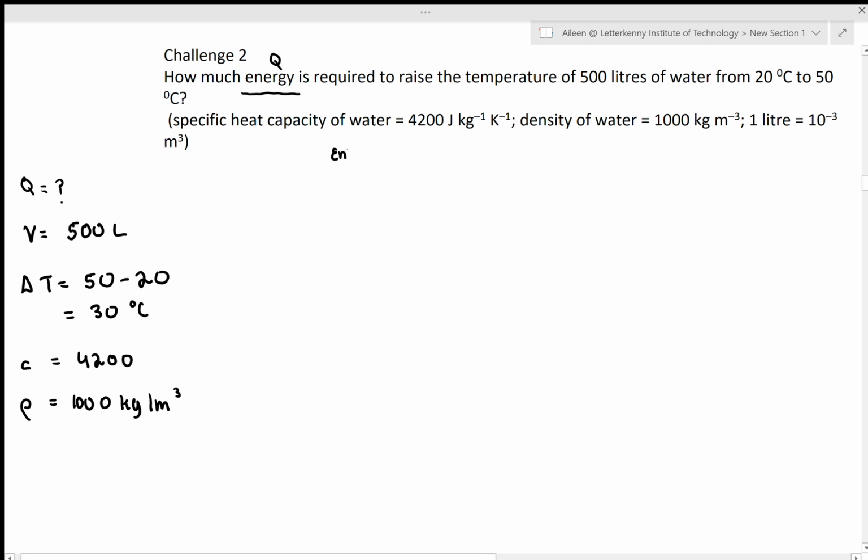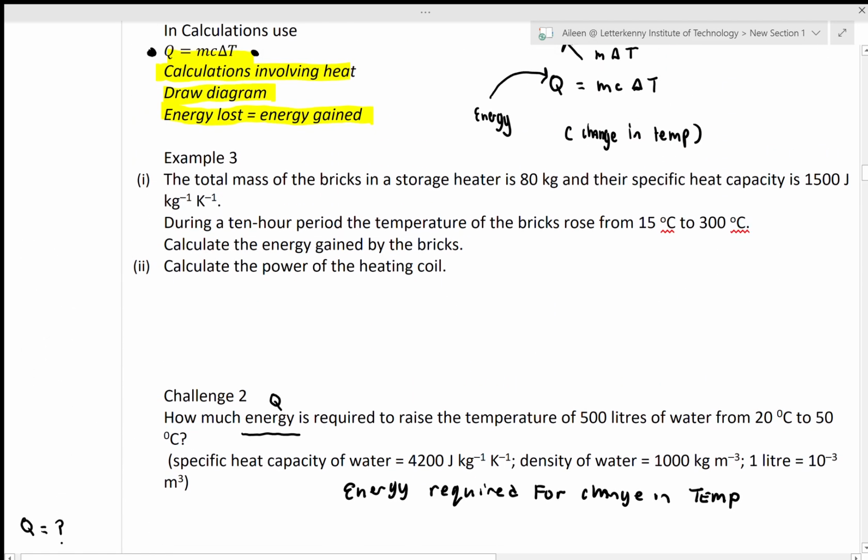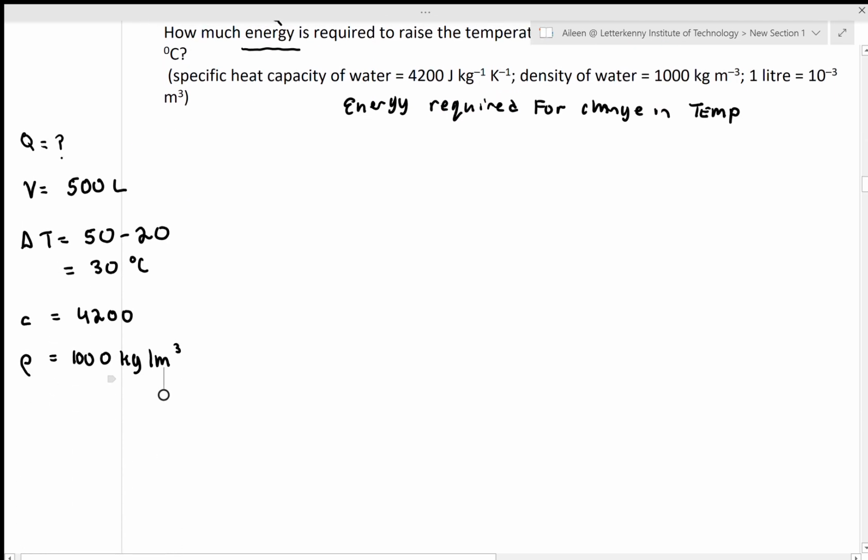So how much energy is required for our water to heat up from 20 to 50 degrees? So anytime we're looking for the energy required for a change in temperature, we use our equation Q equals mc delta T.